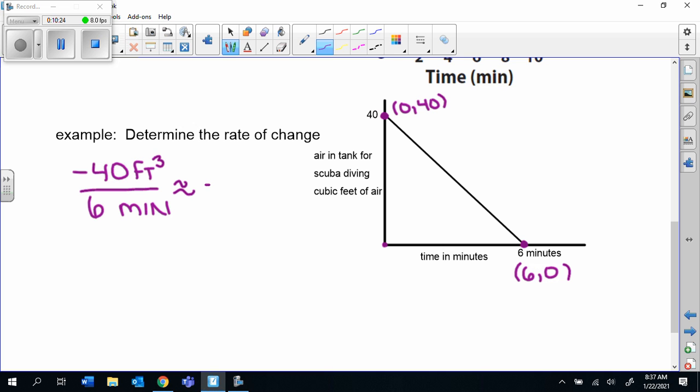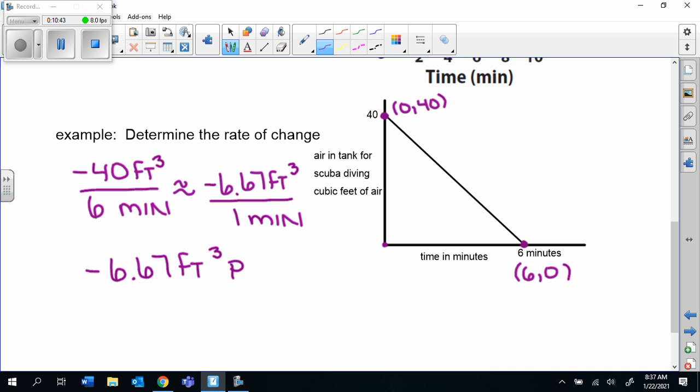So we're losing about 6.67 cubic feet per minute. Depends on the problem on MyMathLab. If you're going to estimate, it will probably tell you how to write the answer, whether they would want that to round or whatnot. But that is how rates look.